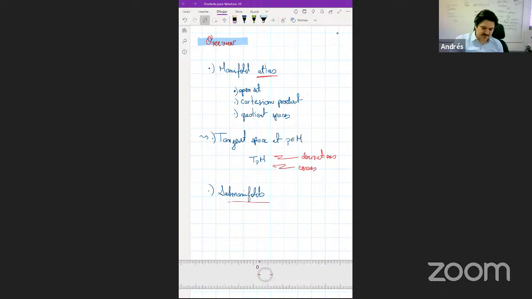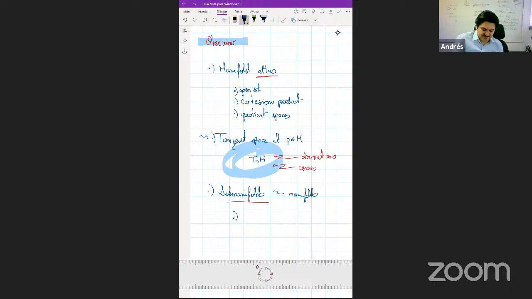Now, you can think, why did we study something like this if we are going back again to study manifolds here? Well, it's because some of the results that will help us to get new manifolds or submanifolds are in terms of the rank of a map.